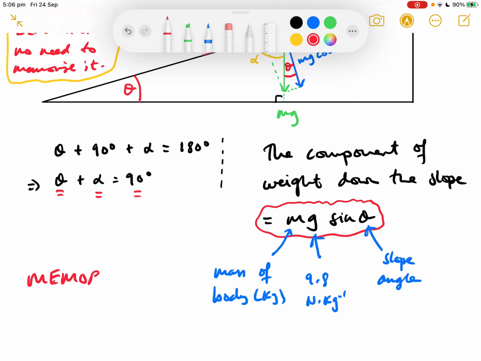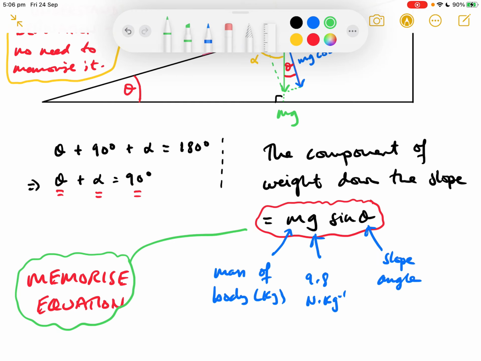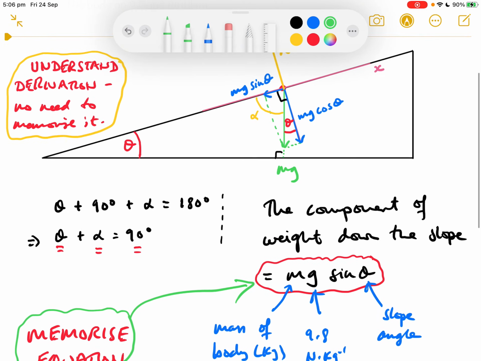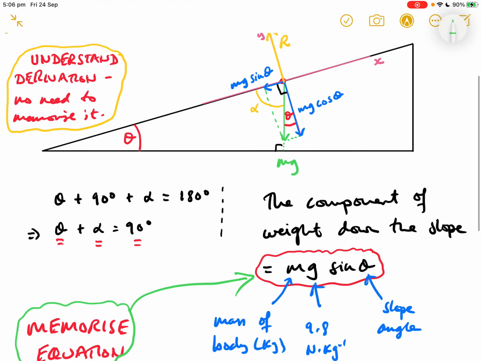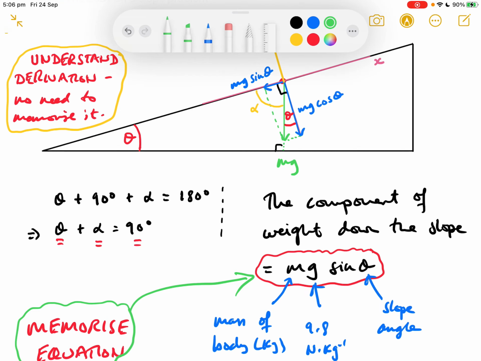But what you do need to memorize is the equation and what it means. So you need to know that whenever you get a body on a slope, the component of the weight down that slope will be mg sine theta.